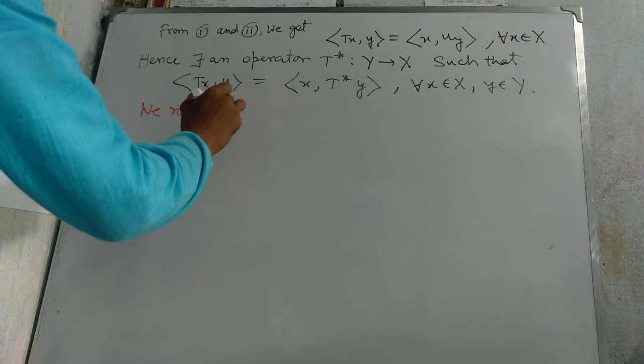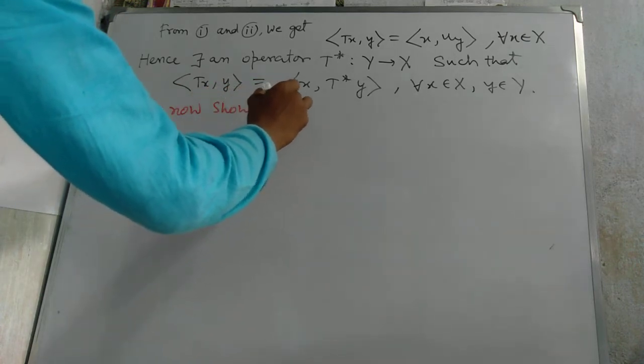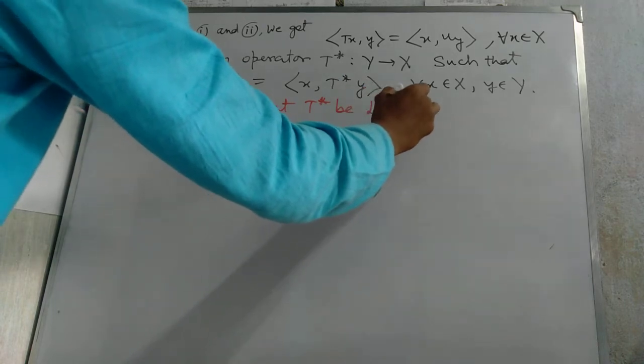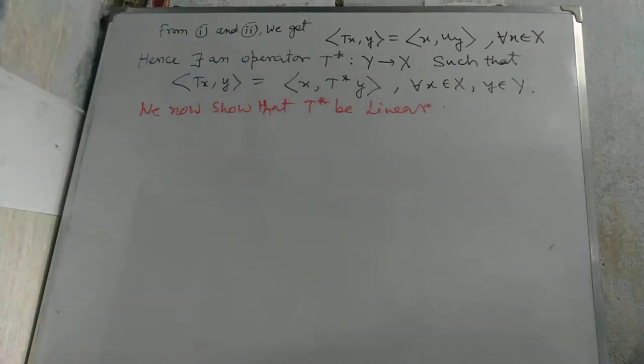We now show that T star is linear. How do we show this?